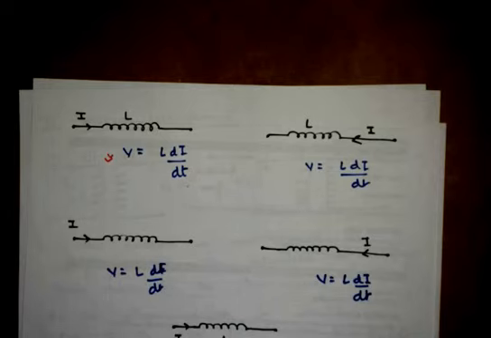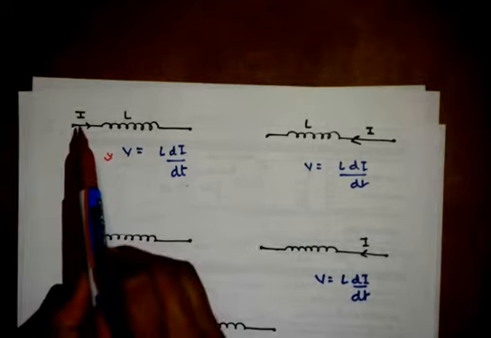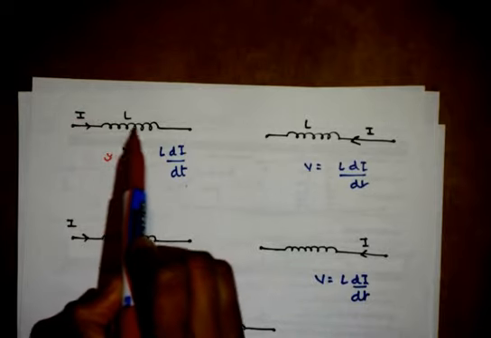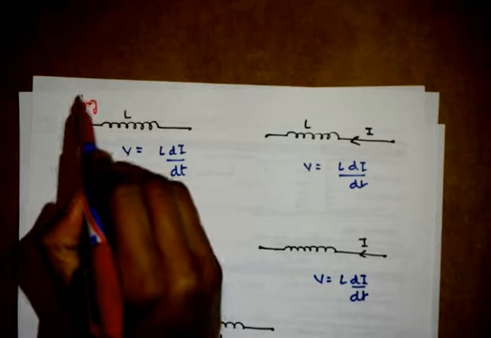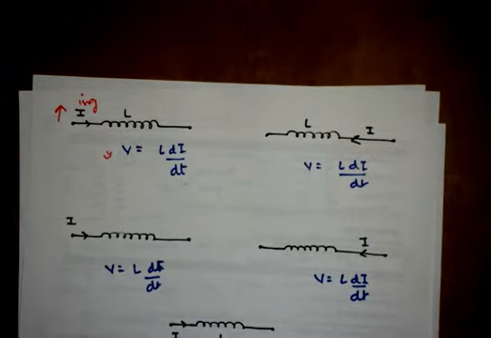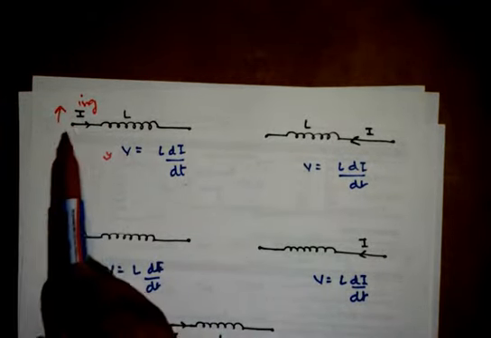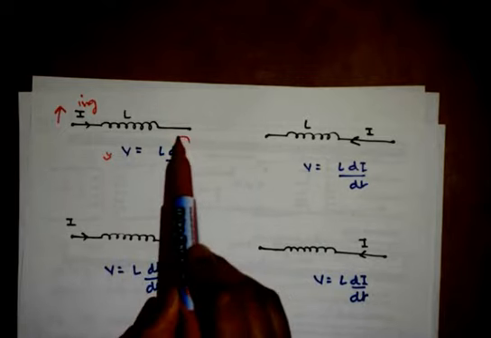So in the first case, suppose this current which is flowing through this solenoid is an increasing current. If the current is increasing, that means the rate of change of current, di by dt, is positive.